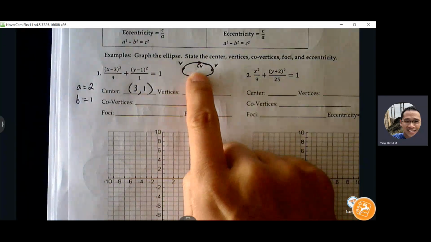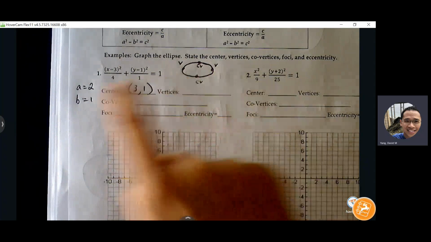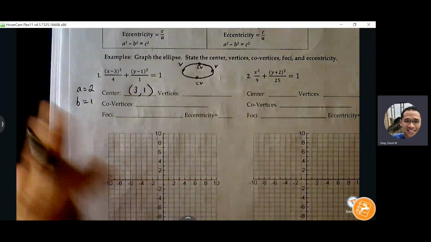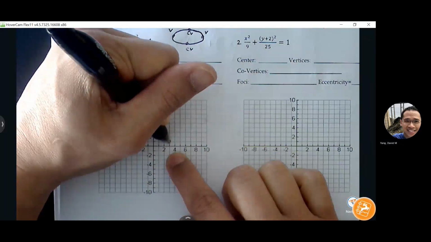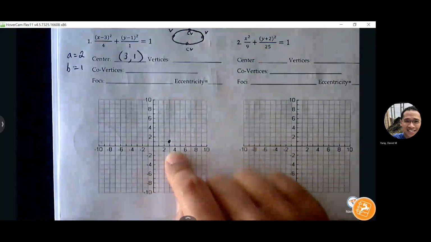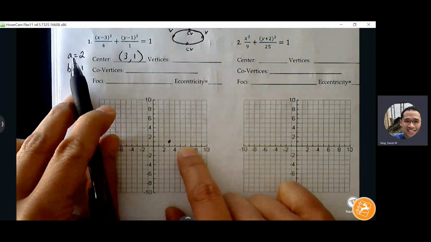Okay, so I know my A value is the larger value. So from the center, I'm going to count to the left and to the right 2 units to get to my vertex. Start with your center, (3, 1). 2 units left, 2 units right.